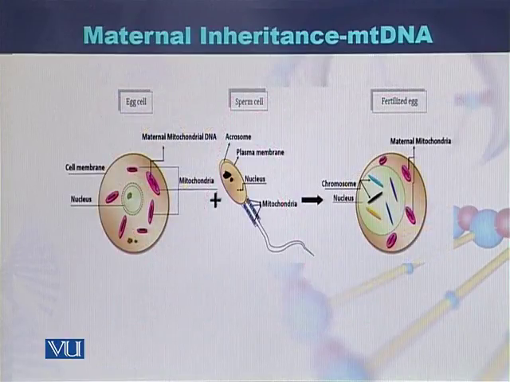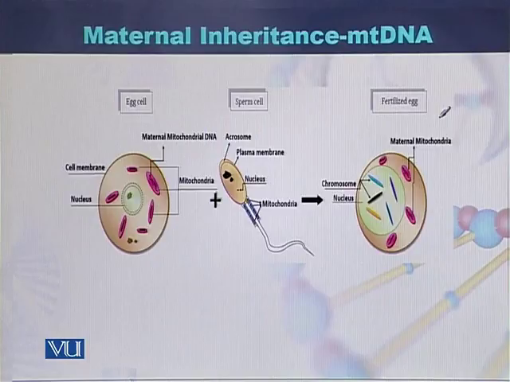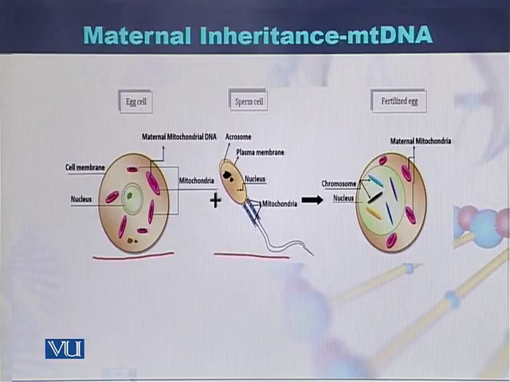Here is the pattern of how mitochondrial DNA is transferred from the mothers to the children. This is the egg which is produced in the females. This is the sperm which is produced in the male. In the egg, the mitochondria are present within the cell, while in sperm, mitochondria are present at the tail of the sperm.